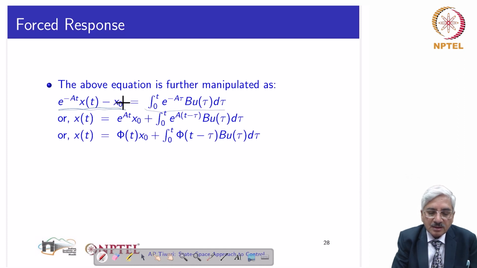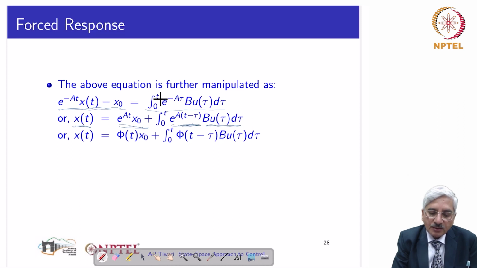And we rearrange it by taking x0 on the right and multiplying throughout by e power At. So we get x(t) equal to e power At x0 plus the integral from 0 to t of e power A(t minus tau) B u(tau) d tau.